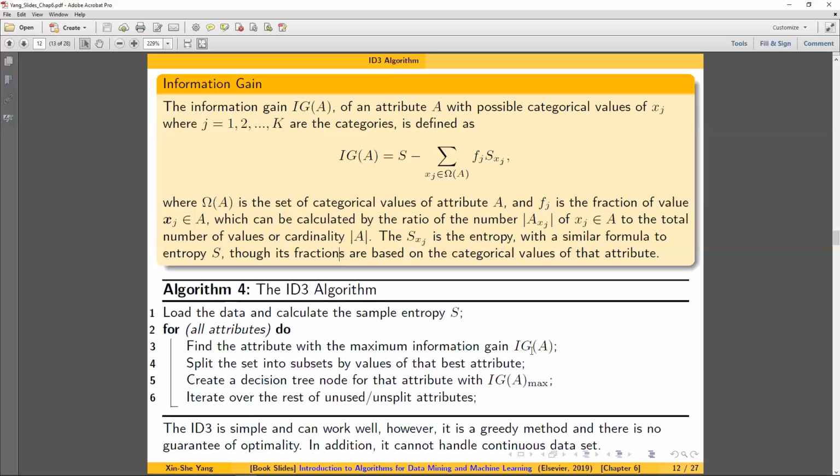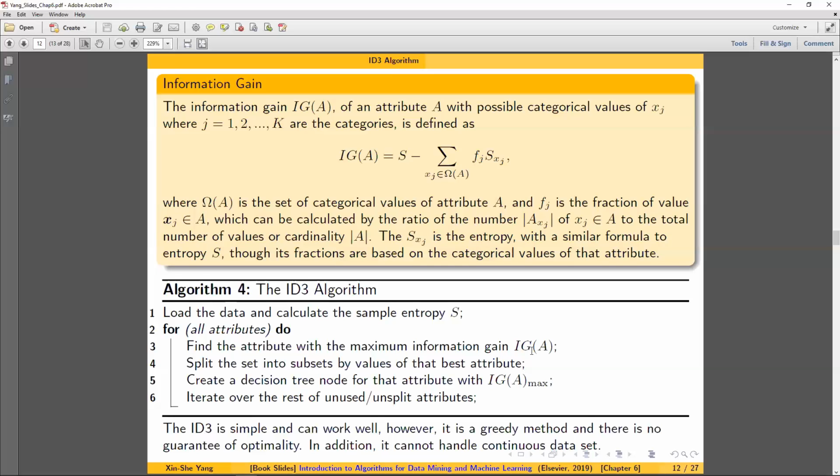That would be your fj, which can be calculated by the ratio of the number of xj in A to the total number of values, or cardinality. In other words, how many students are in the class. And S of xj is the entropy, with a similar formula to the entropy S, though its fractions are based on the categorical values of that particular attribute.